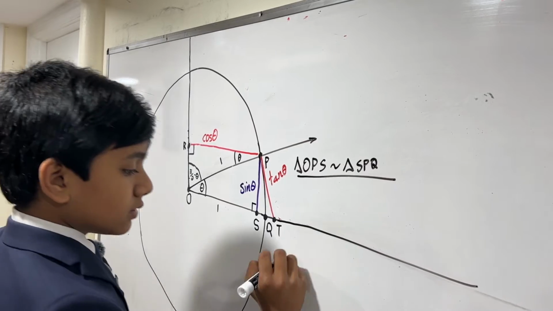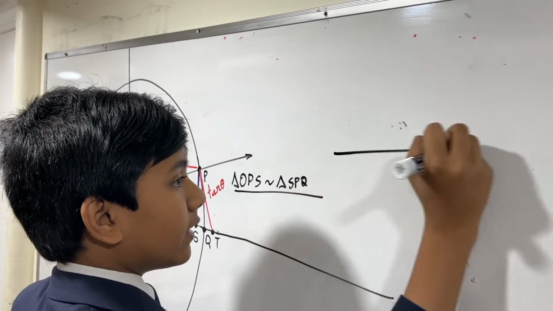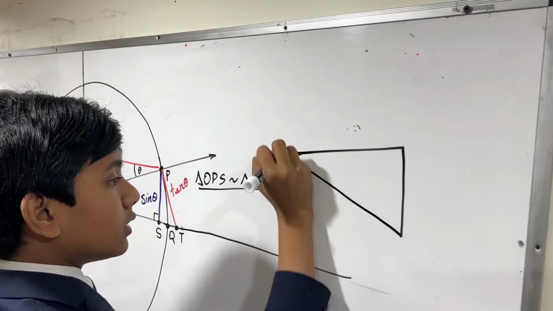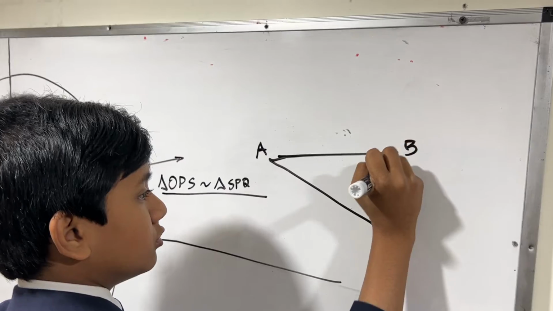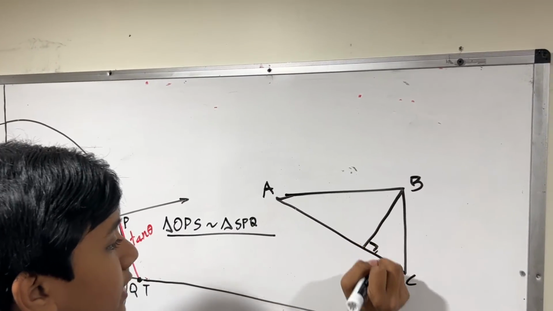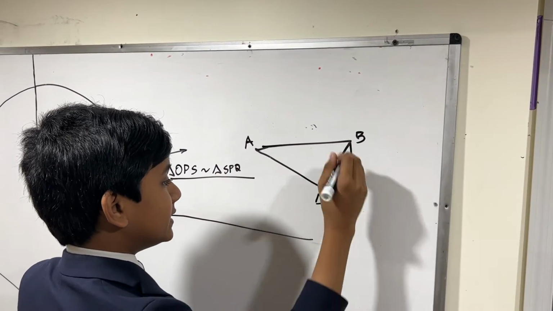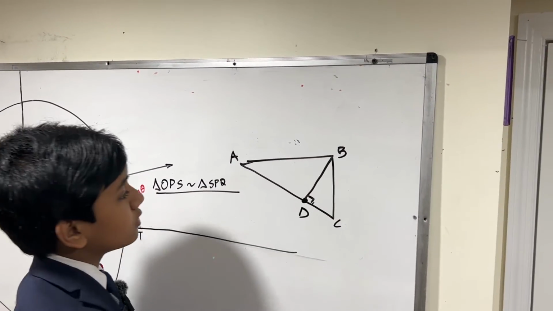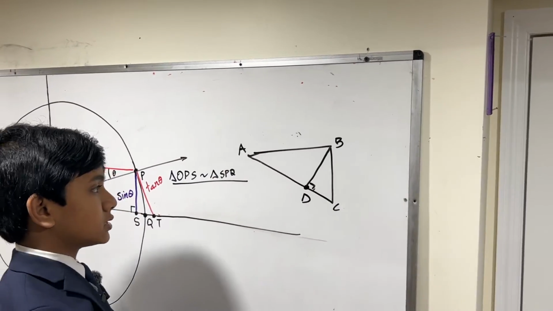So, basically what we're trying to do here is we're saying if we have a right triangle, I will just call it ABC here, and we draw the altitude from B to AC, then how do we prove that ABD and BDC are similar? And later we'll also prove the same result that both of them are similar to ABC.